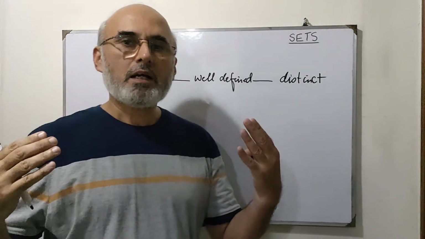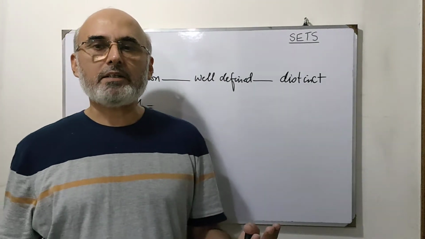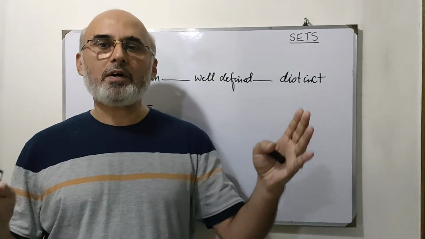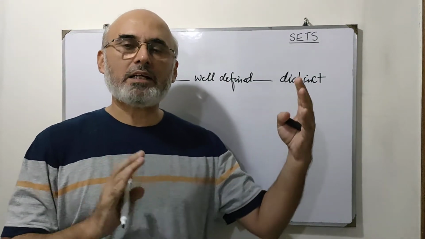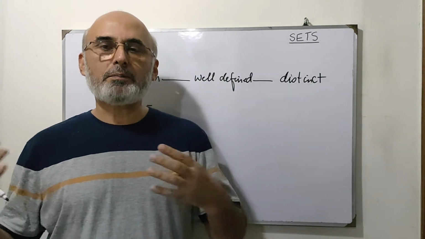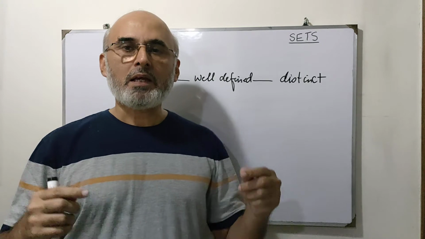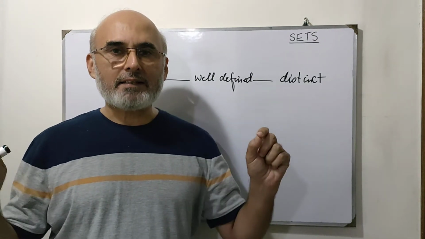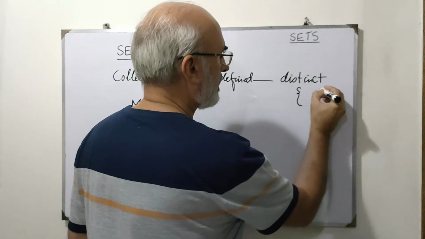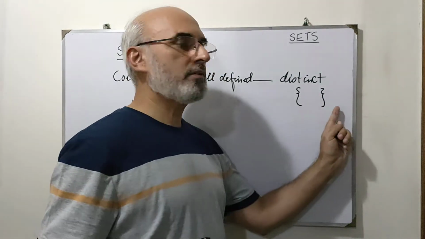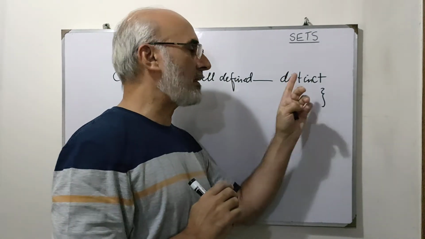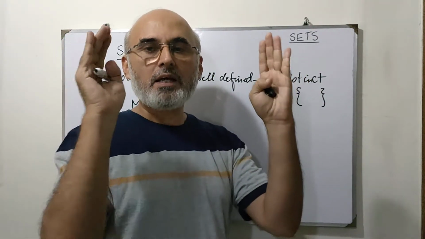Now the thing is how I'm going to make a set of month names starting with J. But how are we going to represent this set? To represent any set, we need curly braces. To represent a set, we need a starting curly brace and an ending curly brace.